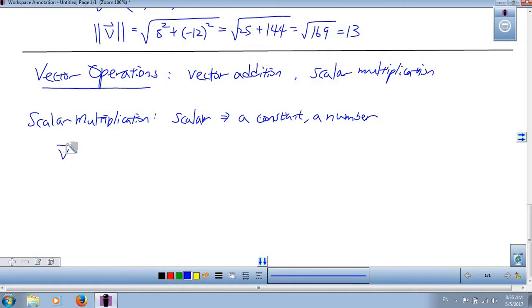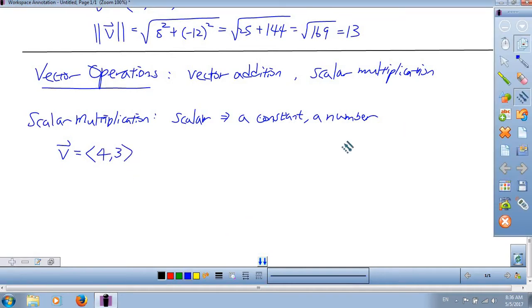So for example, let's say v is equal to 4, 3. Let me go ahead and draw it just to show you.